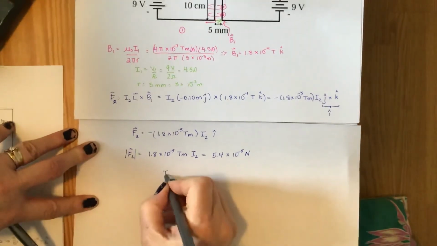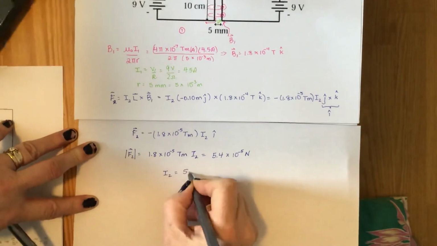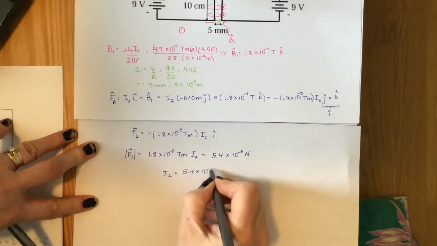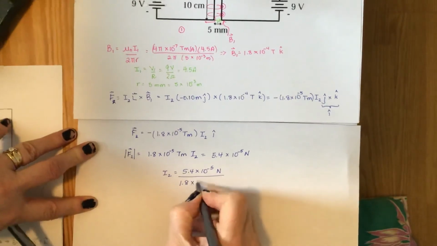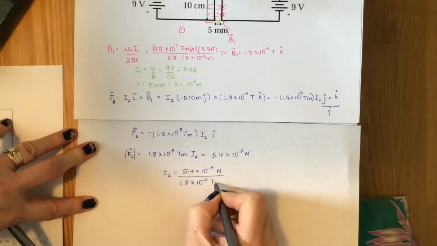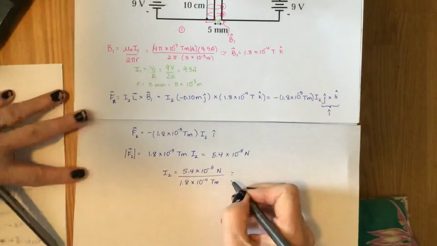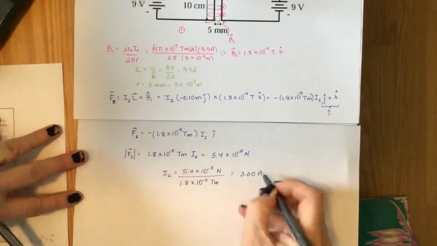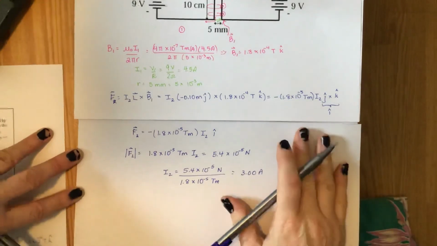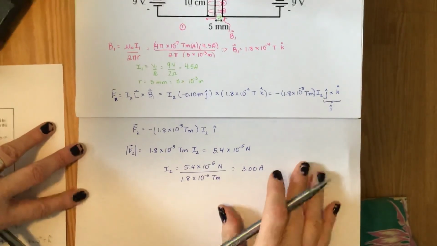We can solve this expression for I2. And what we get for our current I2 is that it's 3 amps. Well, that's information that's good to have. It wasn't what was asked.